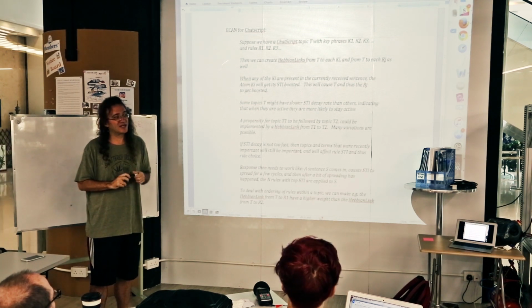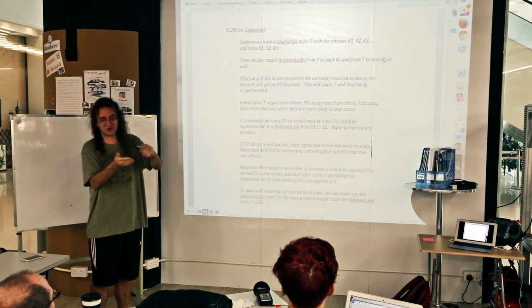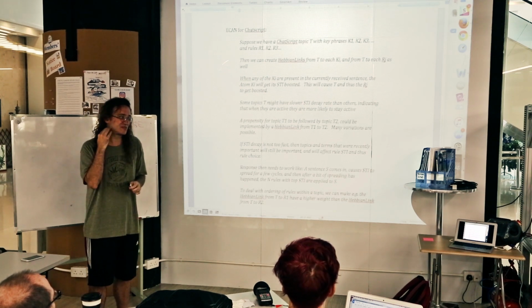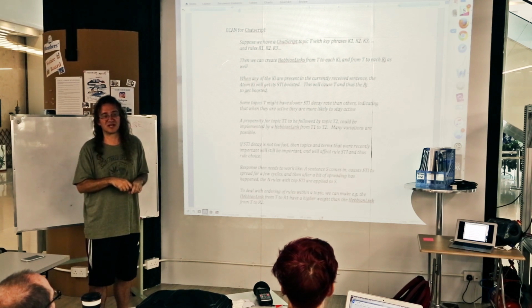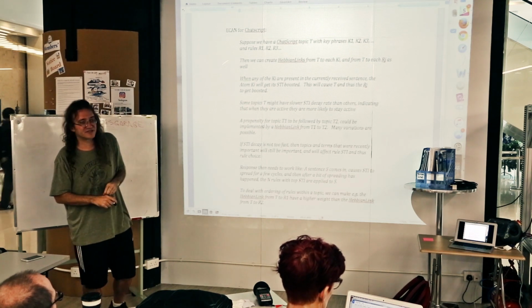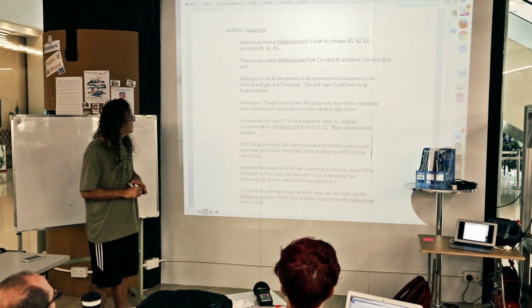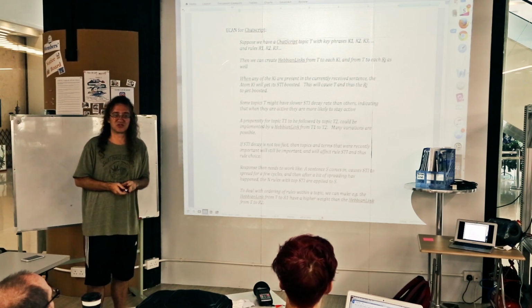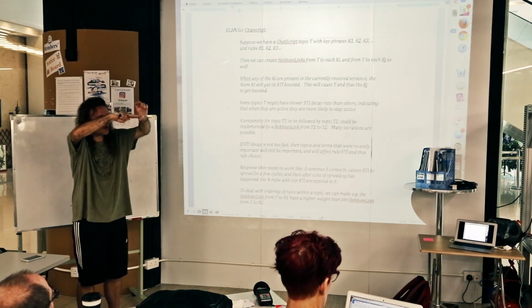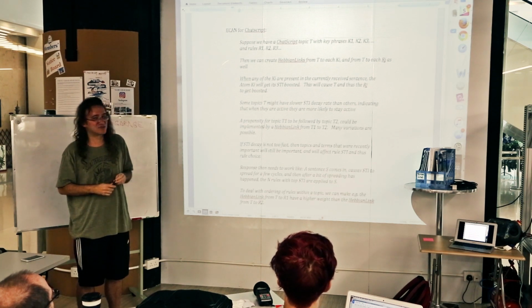So AIML conversation, unless the rule base is crafted really precisely, just tends to be like a series of one-liners. You said this, the robot said that, you said this, the robot said that. Whereas a ChatScript conversation tends to be more like a series of little chunks of 3 or 4 things, and it hops around among those.